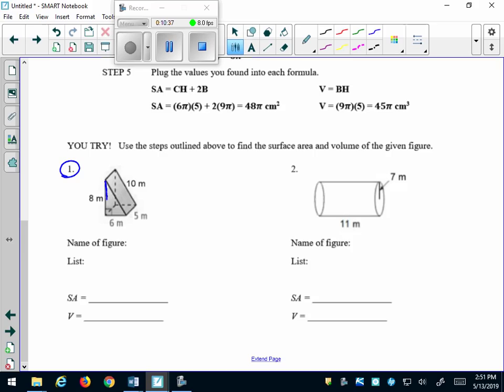So this is actually a triangular prism, because I've got the two triangles that are congruent and parallel to each other. So those are the bases. I know it seems weird because we like to think of base as bottom sometimes, but in geometry, base does not mean bottom. So the shape of the base is a triangle. So this is called a triangular prism.